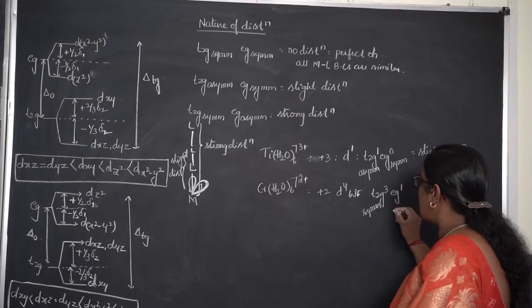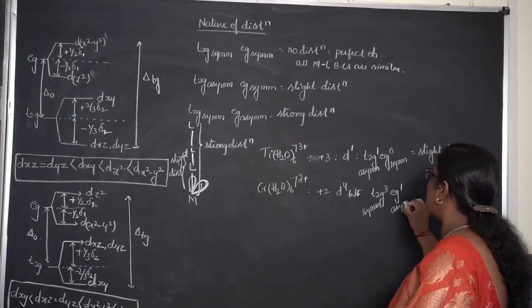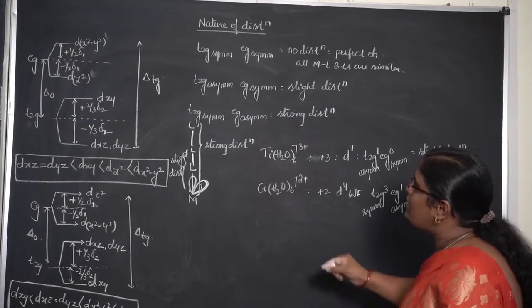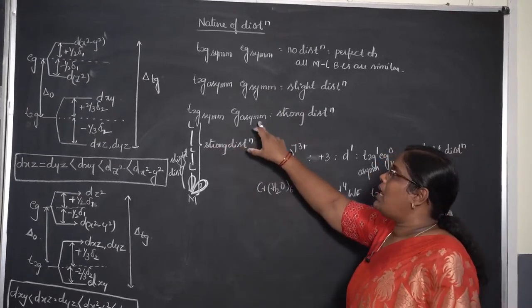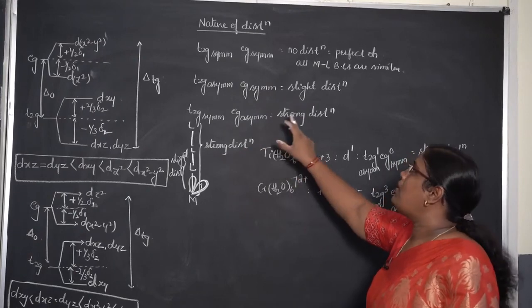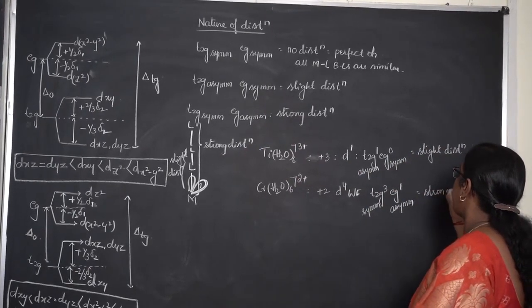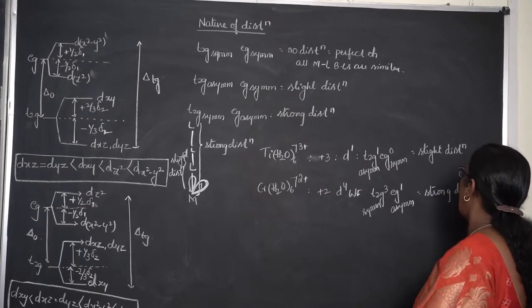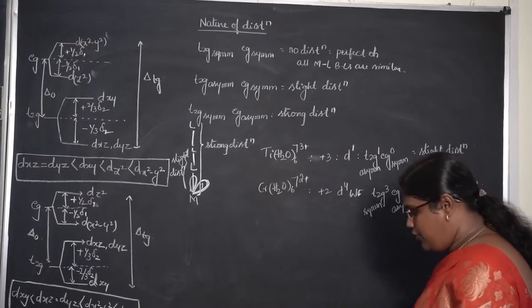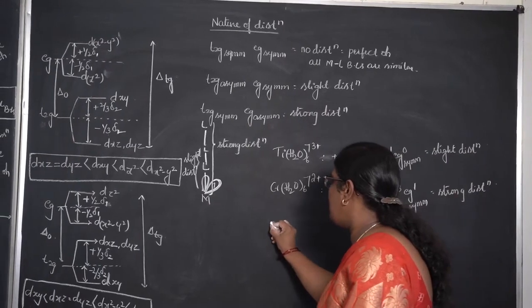EG is less than full filled, so it is asymmetric. So which condition is applicable? T2G symmetric and EG asymmetric. So it is strong distortion. We observe strong distortion.